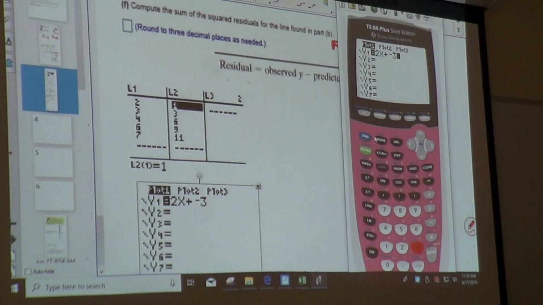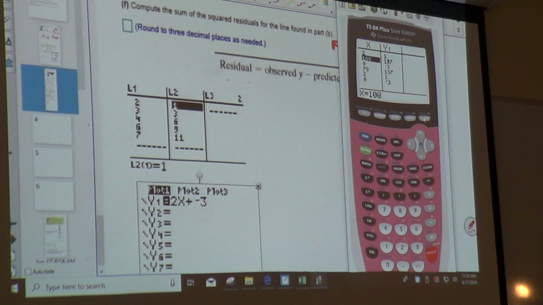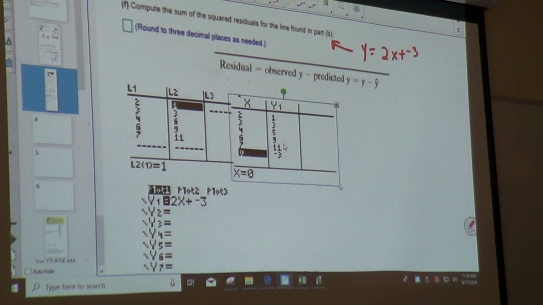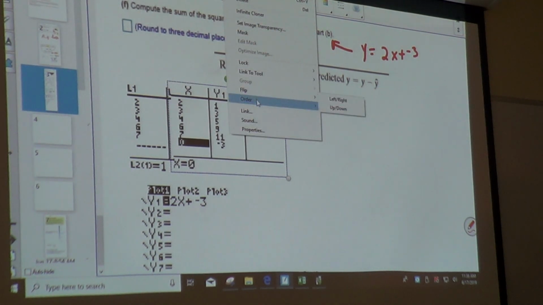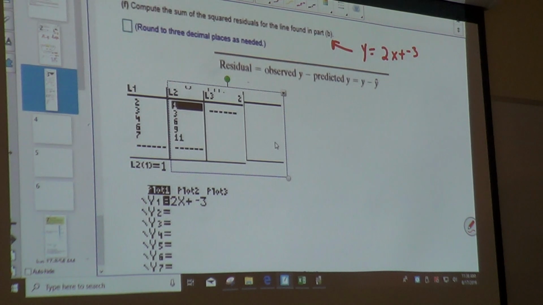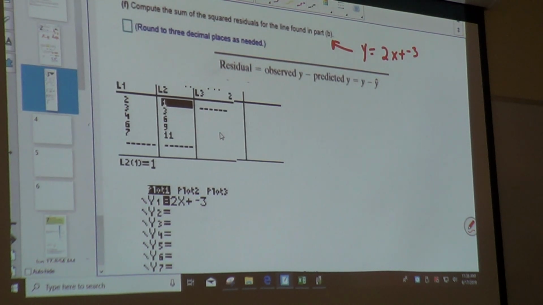So when I go into my table, what should I be plugging in for my x's? 2, 3, 4, 6, and 7. Let me send it back. Oh, there we go.